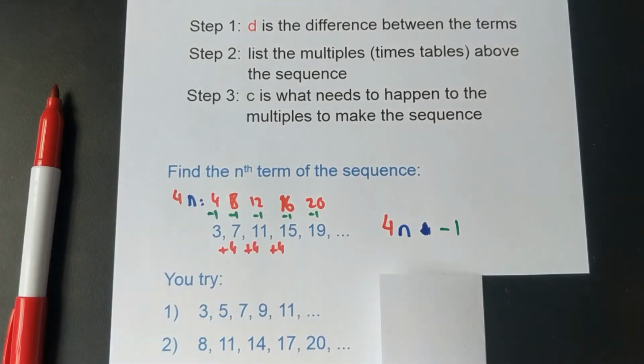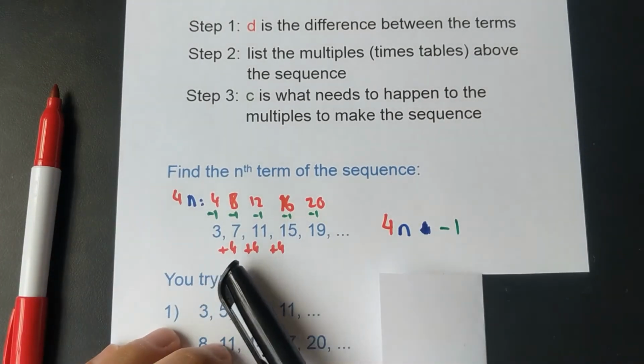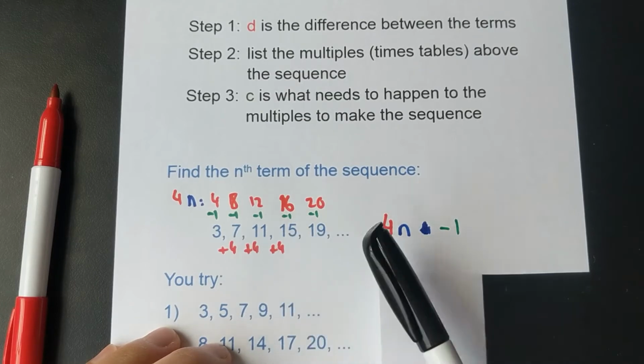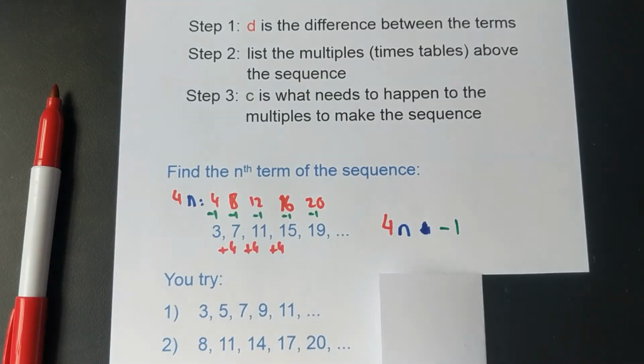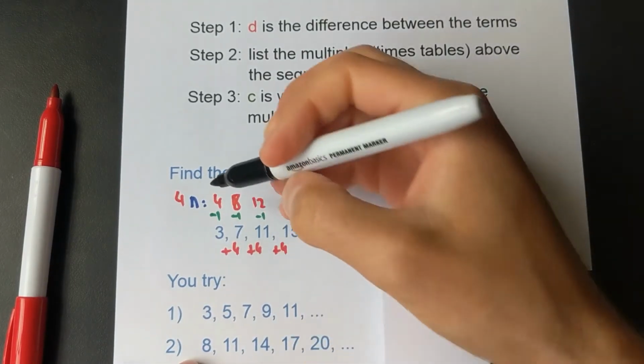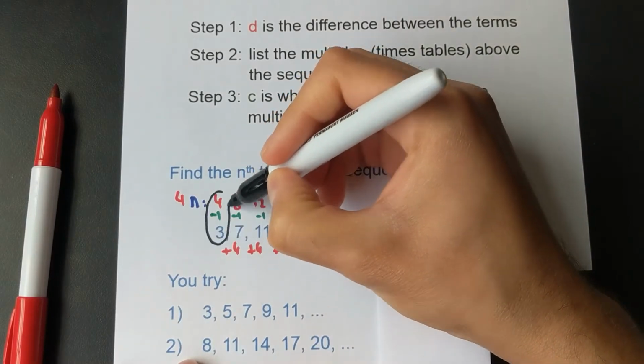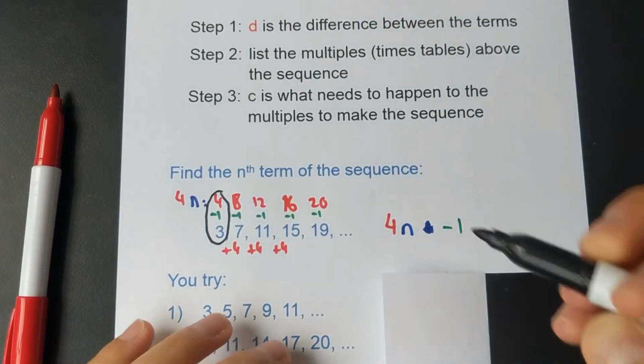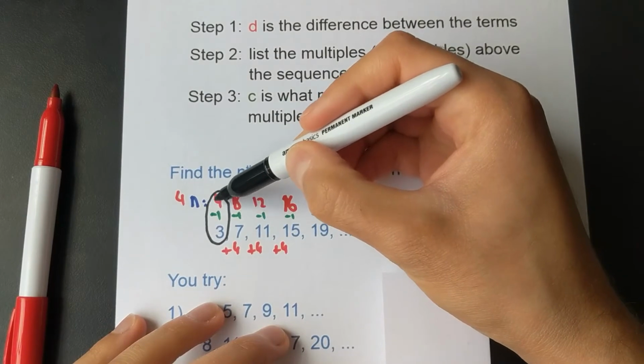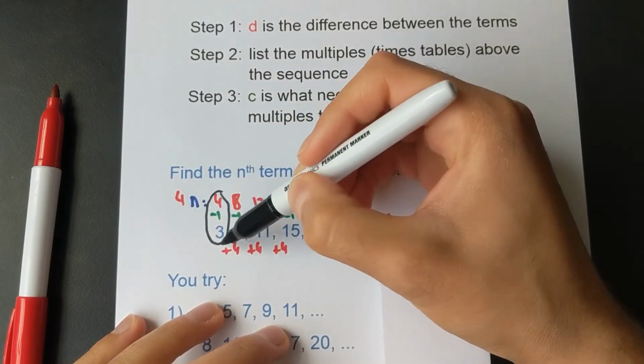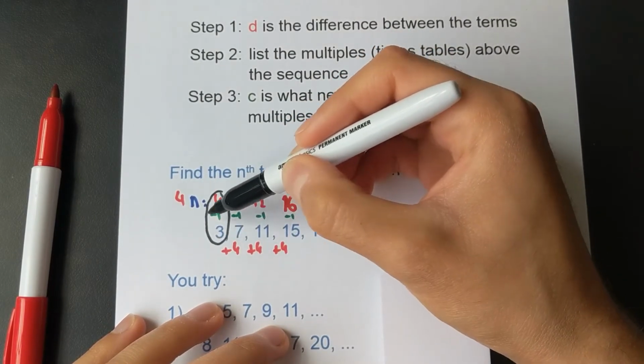A little extra tip for you. Here I wrote +4 a lot of the times, and I wrote -1 a lot of the time. We don't really have to repeat ourselves. Once I know it's add 4, I can just look at this first term and see, well, what am I doing to the 4 times 1 to get this first term?